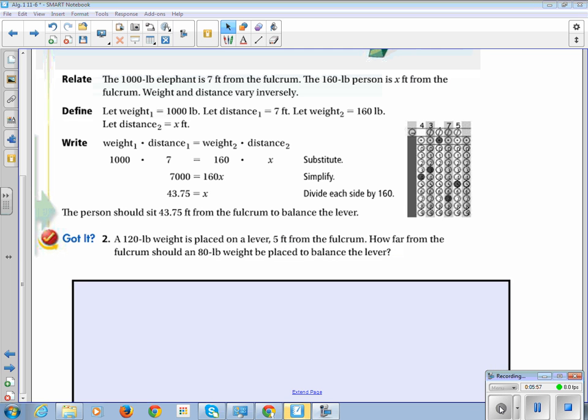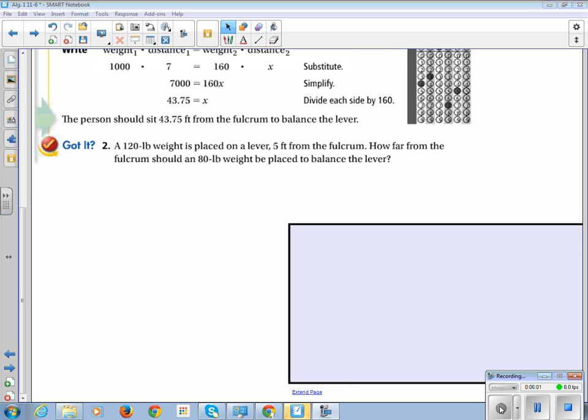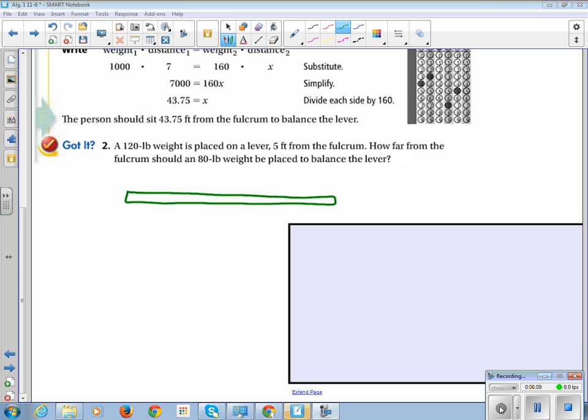All right, so let's practice that. A 120-pound weight is placed on a lever. Let's draw a picture. Here's our lever. It's like a little thin rectangle. So it's 120 pounds, it's just a weight, so we'll put a little oval. The 120 pounds is on a lever 5 feet from the fulcrum.